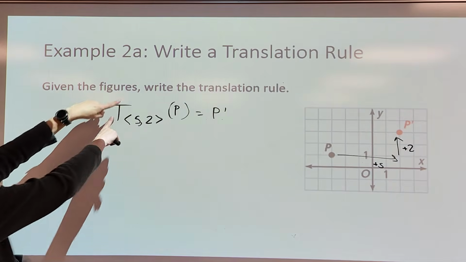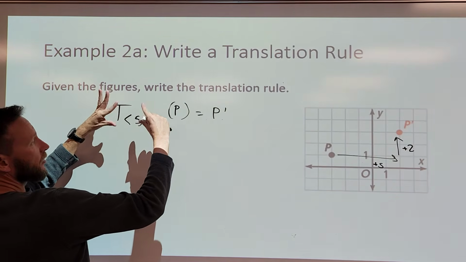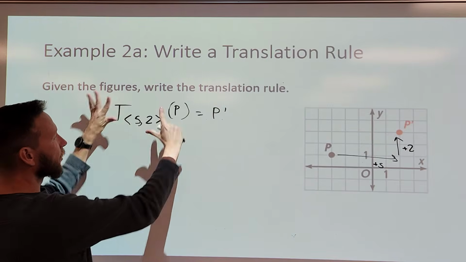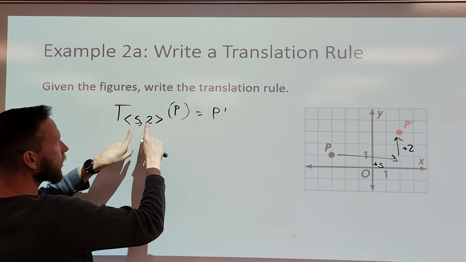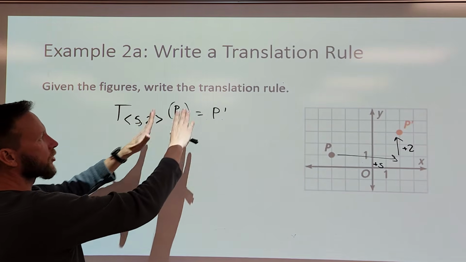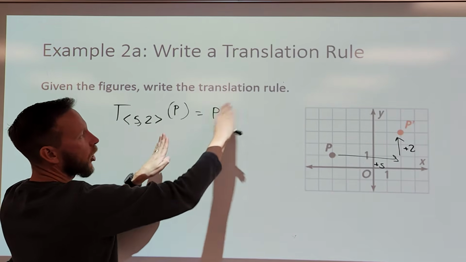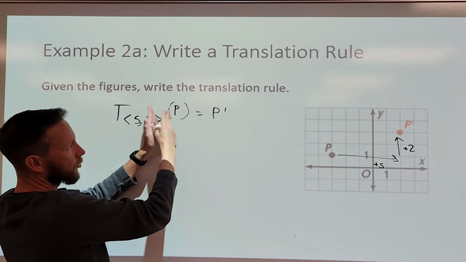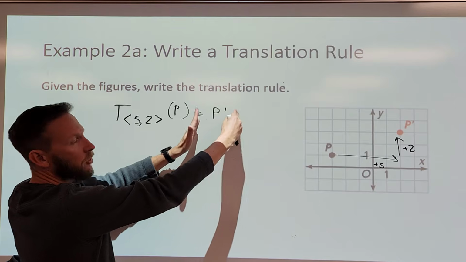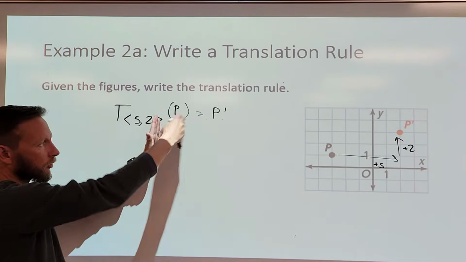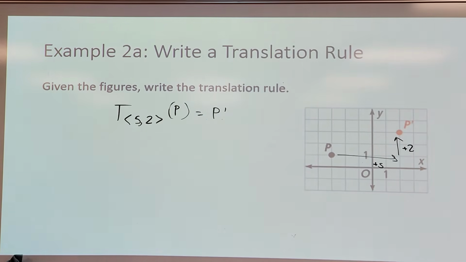All right? So we capital T in these, it looks like greater than less than signs. It's not what they are, but there's these kind of pointed brackets. The x change, the y change of the thing that we're moving gives us all the points prime. So if we had a triangle in here, ABC, we'd have triangle A prime, B prime, C prime, or triangle EFG, E prime, F prime, G prime.